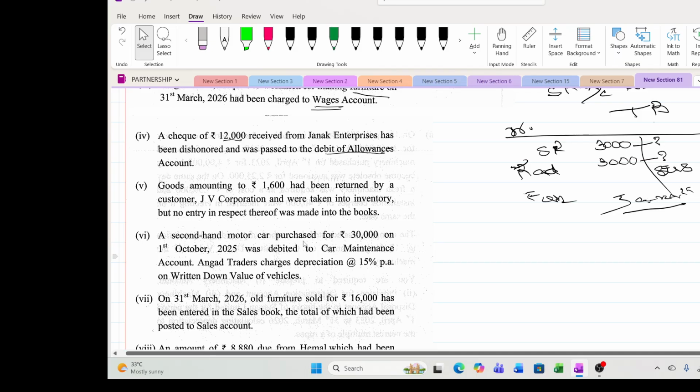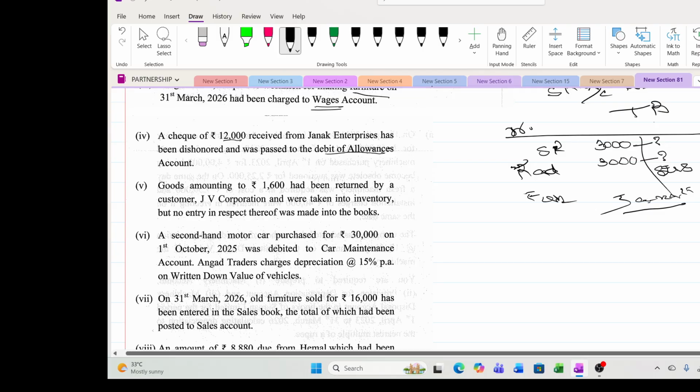A second-hand motor car was purchased for 30,000 on 1st October and was debited to car maintenance account. And Angat Traders charges depreciation at 15% per annum on written down value of vehicles. So the same problem happened here, but with one slight change.